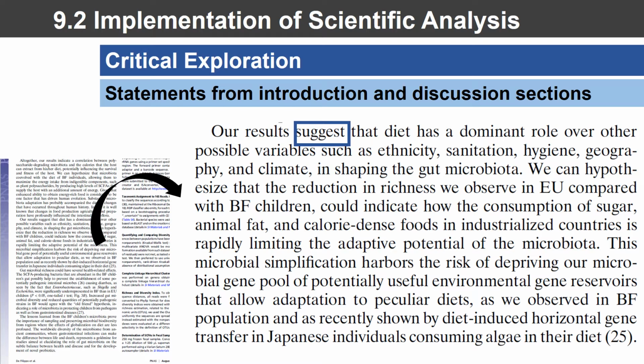They don't say prove. They say that they suggest something here. And that's important because we know there's other possible variables, and they do a great job of mentioning them. Ethnicity, sanitation, hygiene, etc. You can't rule some of these out based on how this work was done. And so they say suggest.